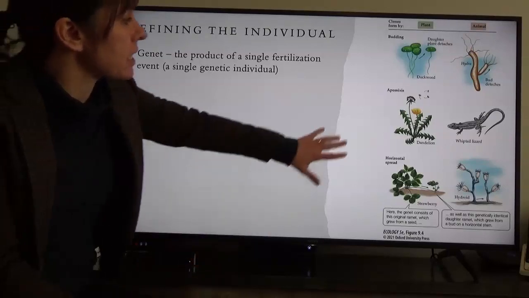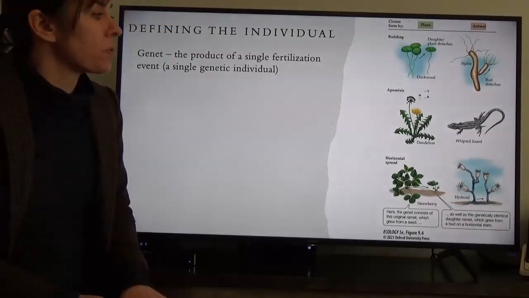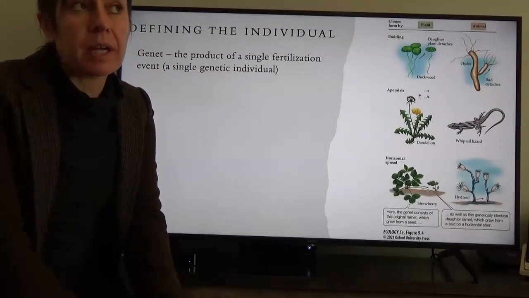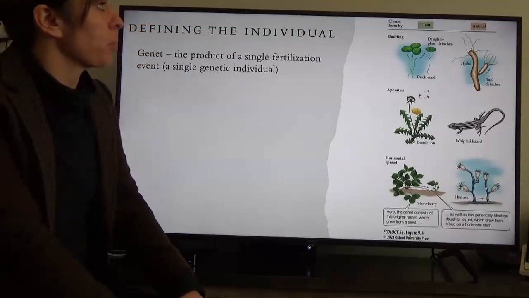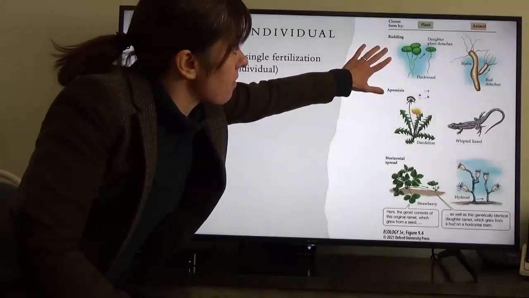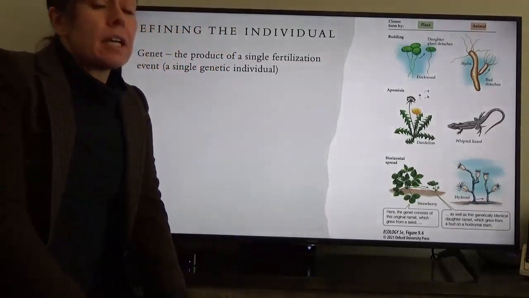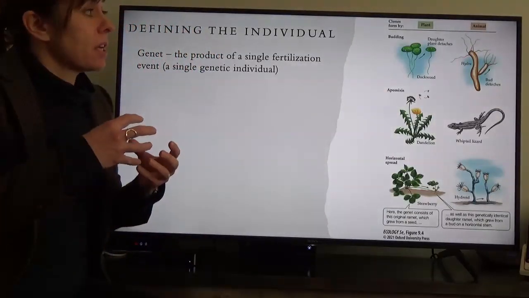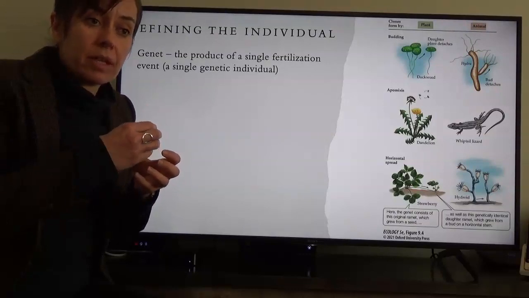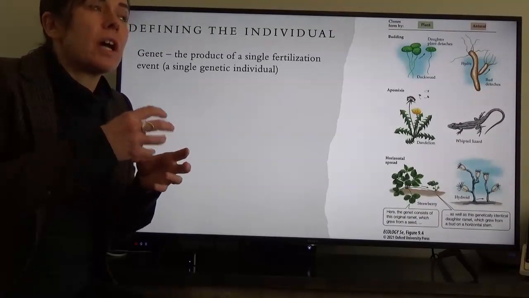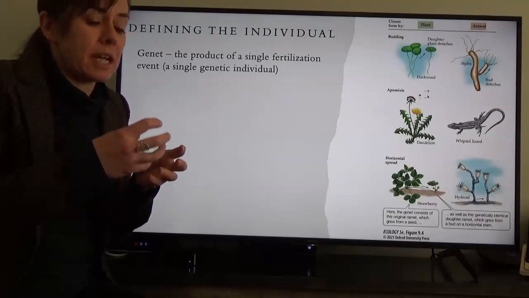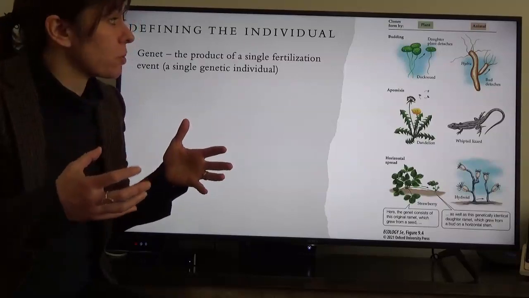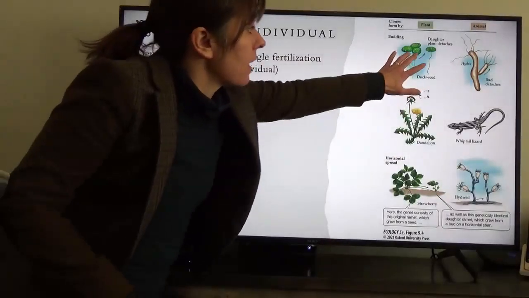All right, so this is a nice figure taken from your text, and it shows all kinds of different ways that cloning happens in both plants and animals. So we have this process of budding, and this is just building on the previous slide. We have this process of budding where a new individual is produced at some bud or node in the original individual and eventually detaches.